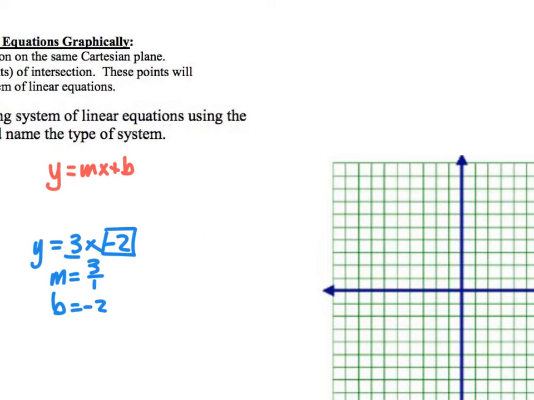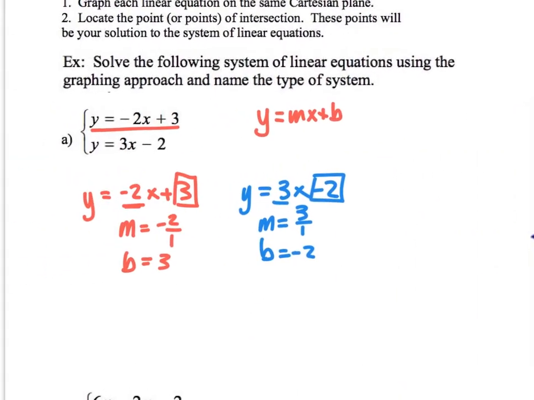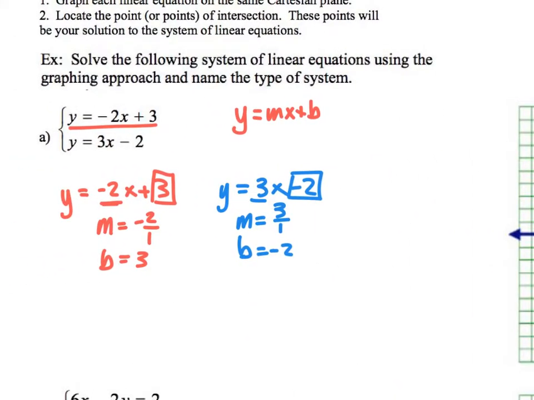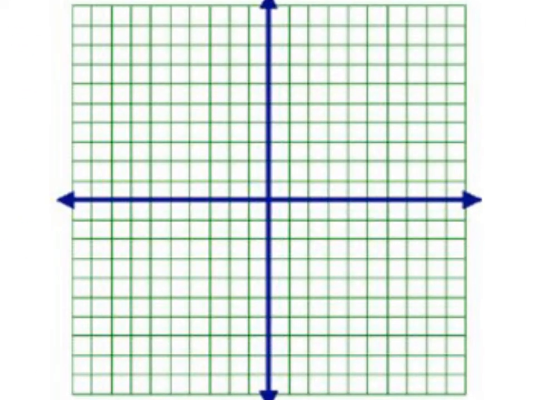I'm going to come over here, and in red, I've got to remember this, y-intercept of 3, slope of negative 2. So y-intercept of 3, and then I'm going to go down 2 to the right 1, down 2 to the right 1, and repeat that process.